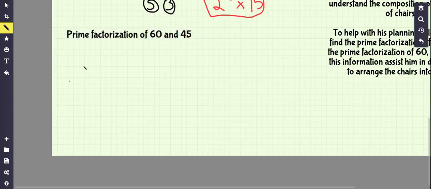Let's find the prime factorization of 60 and 45. 60 is equal to two numbers. What two numbers that multiply will equal 60?